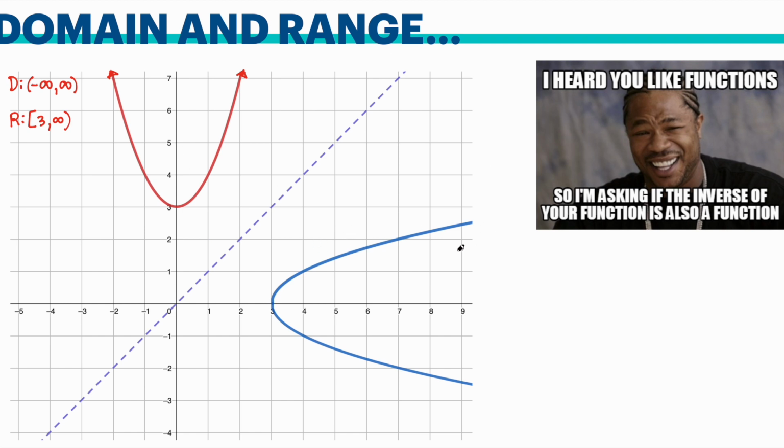For the inverse of that, the domain now starts at 3 and only goes to the left, but the range goes forever up and forever down. The domain and range completely swap places.